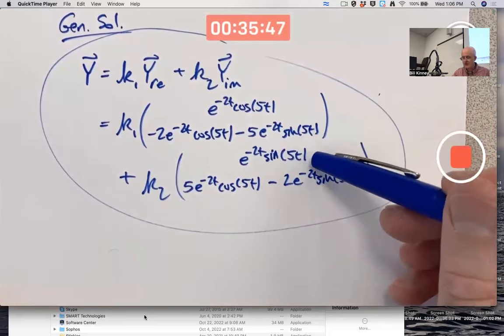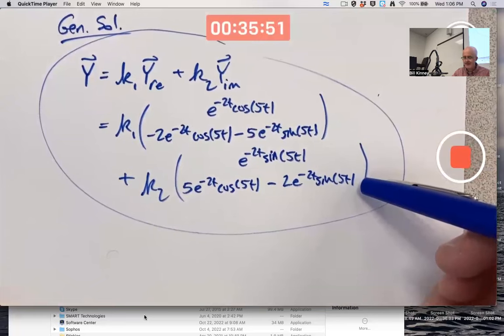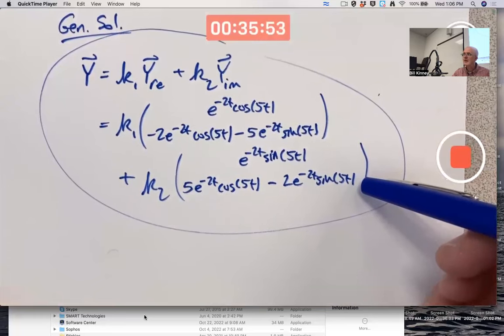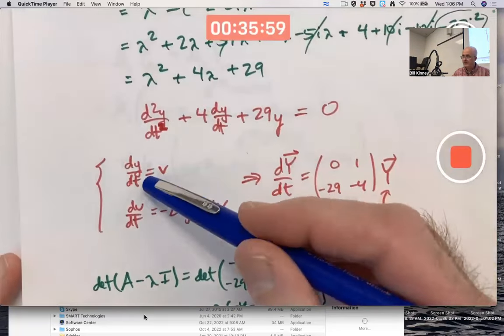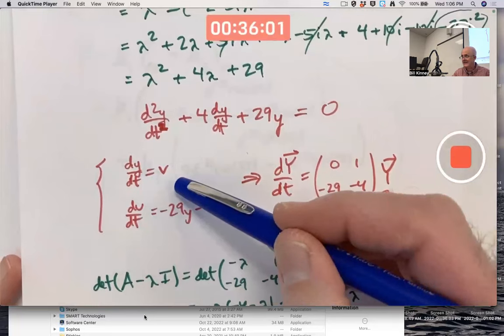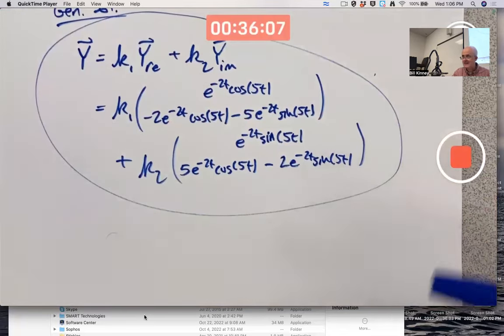If you differentiate this with the chain rule, yes, you will get this. Chain rule and product rule, I meant to say. That's only because this comes from a system where the derivative of the first component is the second component. That's the reason why that happened. In general, it won't happen, but it does in this example.